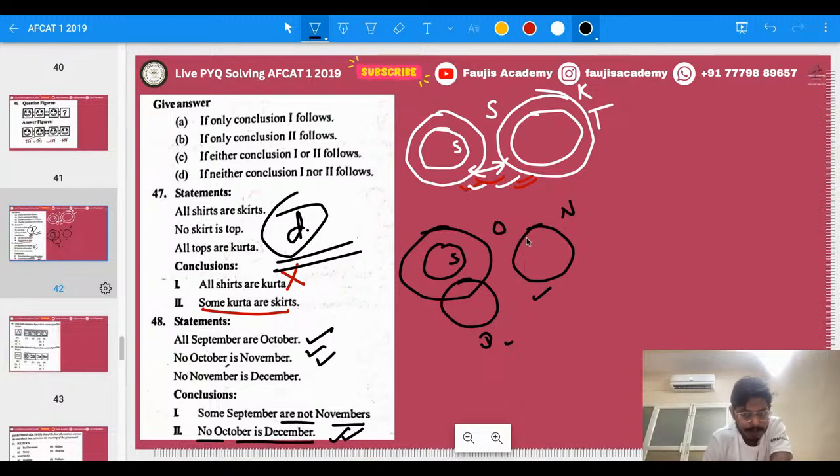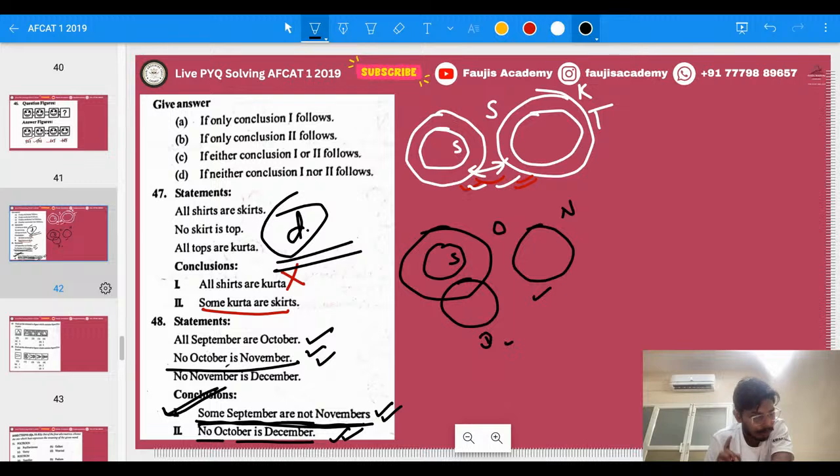Some Septembers are not Novembers. Is it true or false? Can we take 1 November and make it a September? We can't make it, isn't it? Why? Because no October is November, so one is correct.